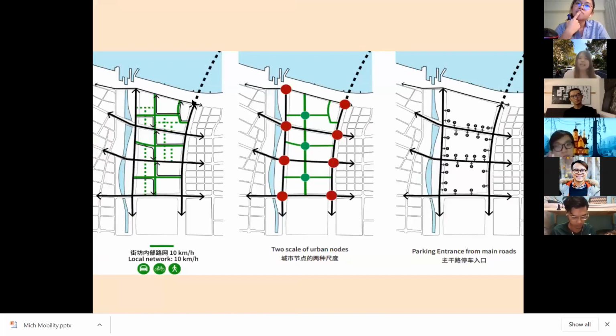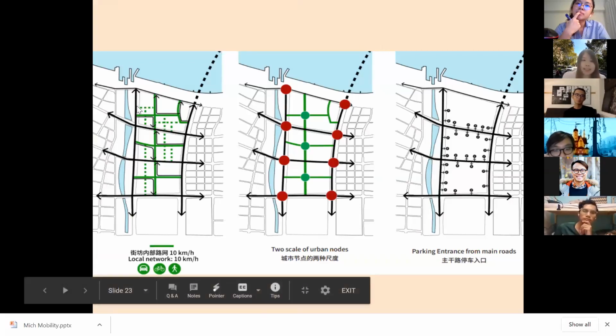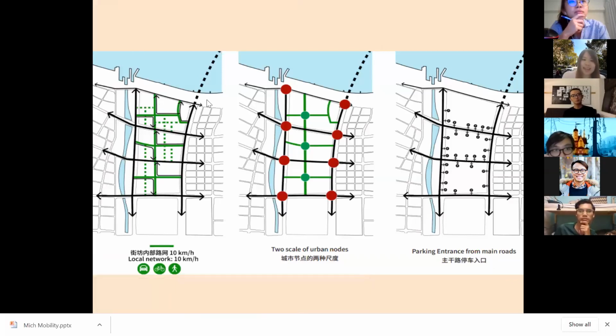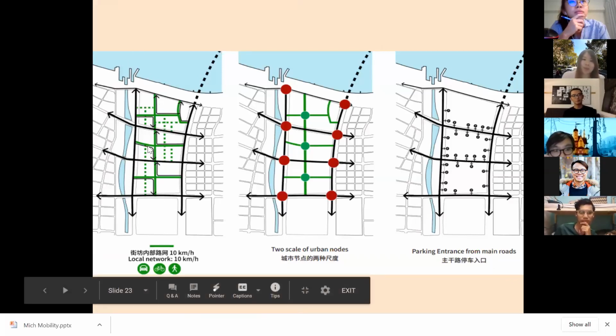So there are some diagrams to show this, for better understanding. This is the speed limit. You can see the black grids are moving at normal speed, and the green are local networks. And for this, we have two different kinds of nodes.